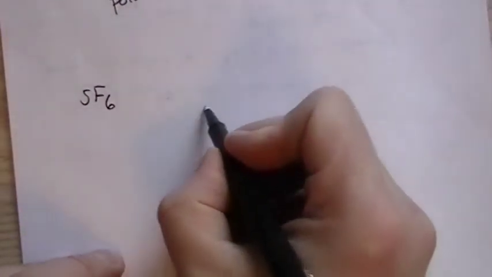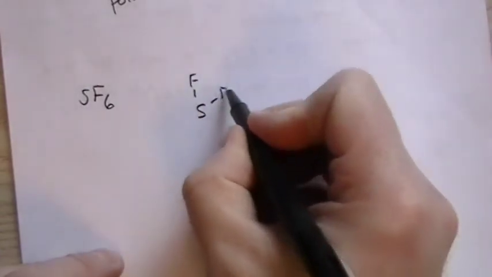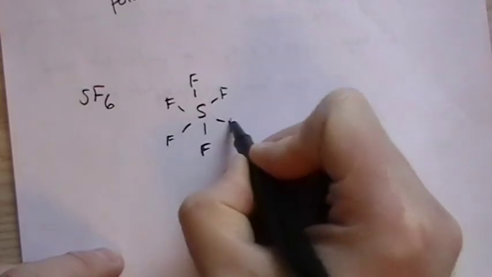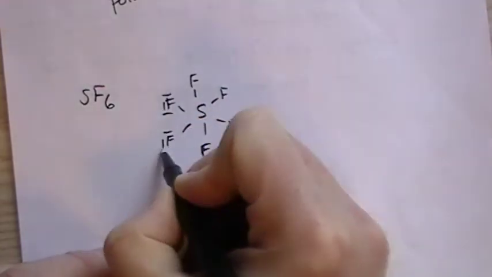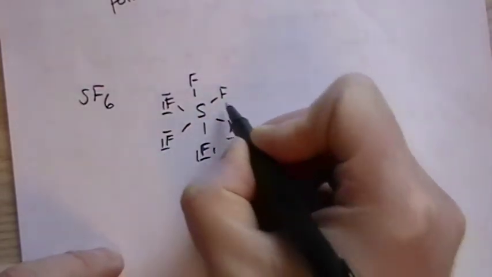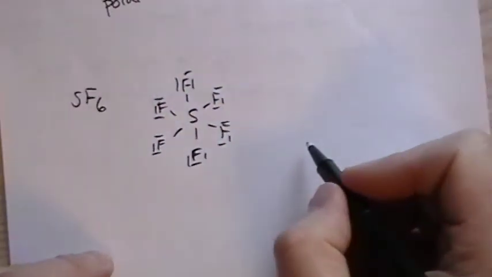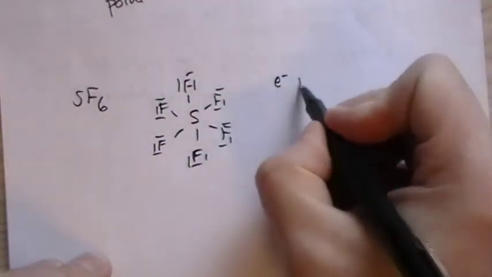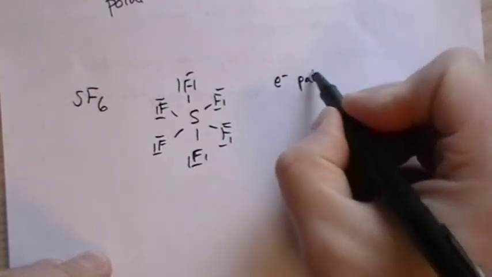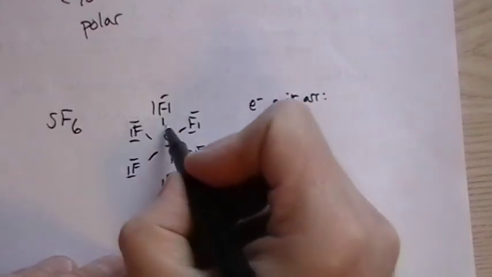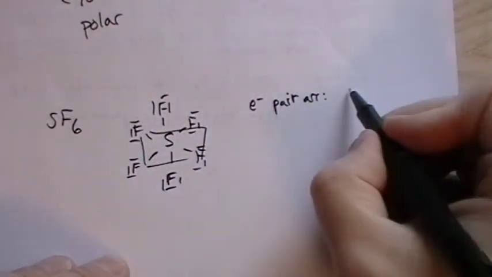SF6, you draw this out. This is one of the ones, we're into the exceptions to the octet rule. Octahedral, so the electron pair arrangement is going to be what we would call octahedral.